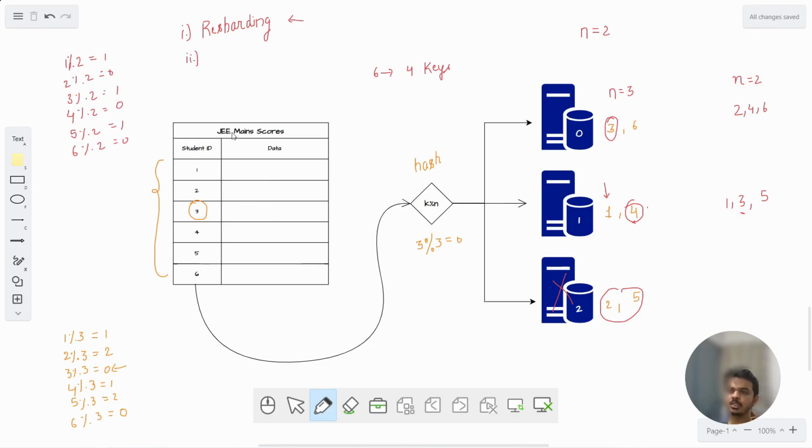Now let's suppose this database is not for a JEE Mains course. This is a social media database, and all these database servers contain data about users.